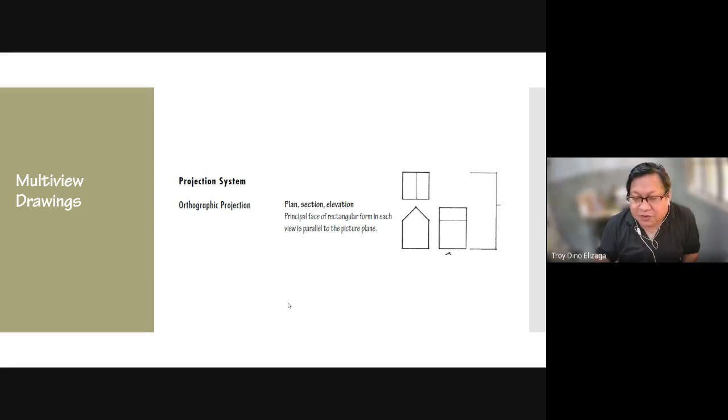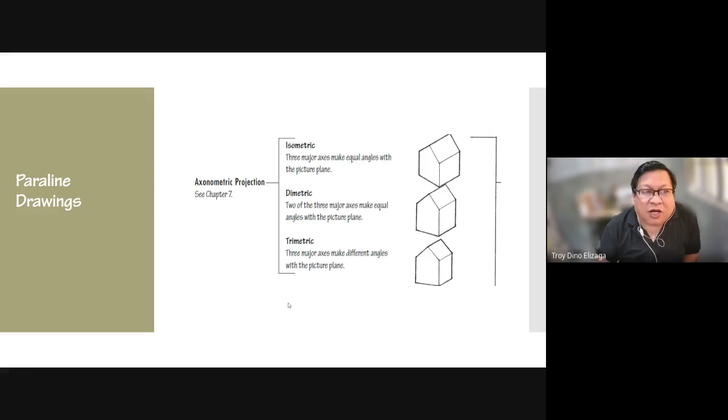And today, we're going to talk about paraline drawings. And there are two types of projections used in paraline drawings. One is axonometric, where we generate what we call the isometric drawings, and also dimetric drawings and trimetric drawings.